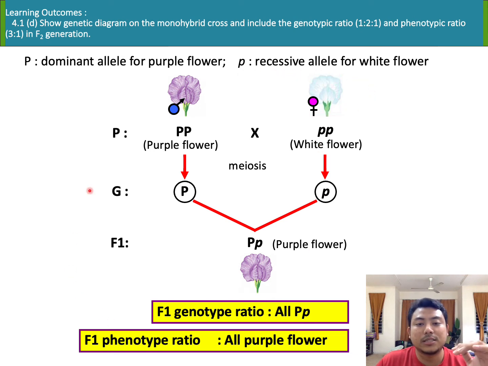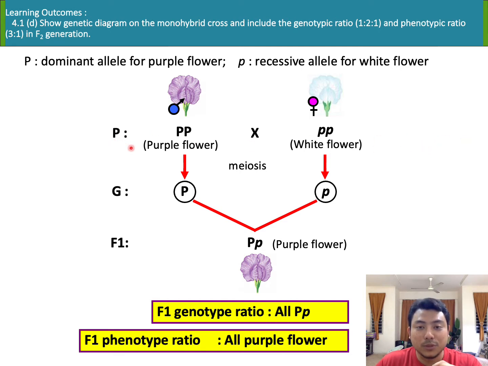So this is what we call a genetic diagram, to show the crossing between the two plants. And actually during the exam, this is how you should write your answer when you are required to draw a genetic diagram. Marks will be allocated line by line. That means if you only write the genotype for each of the plants without these labels here, you will end up with 0 at the end.